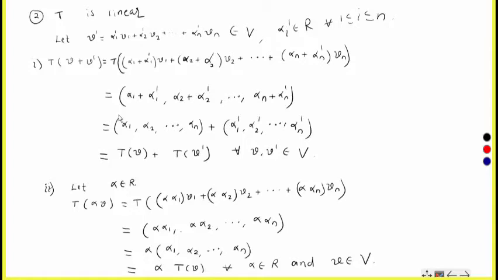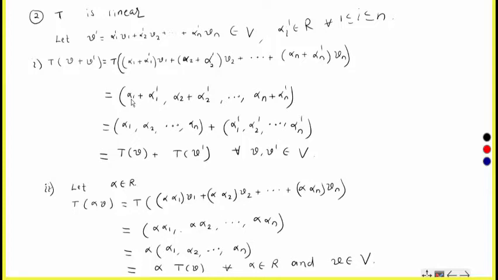So T of this vector is equal to the scalars we have as an ordered n tuple. So alpha 1 plus alpha 1 dash, alpha 2 plus alpha 2 dash and so on alpha n plus alpha n dash. So this can be written as the sum of two ordered n tuples.